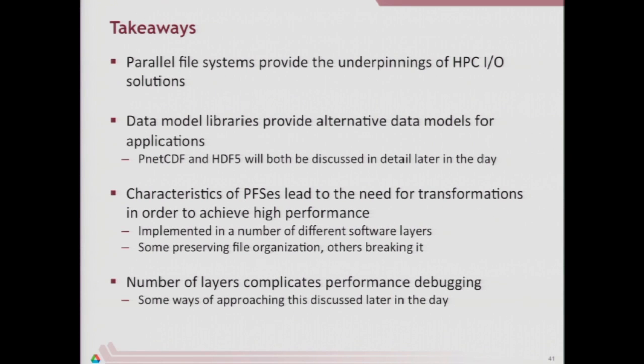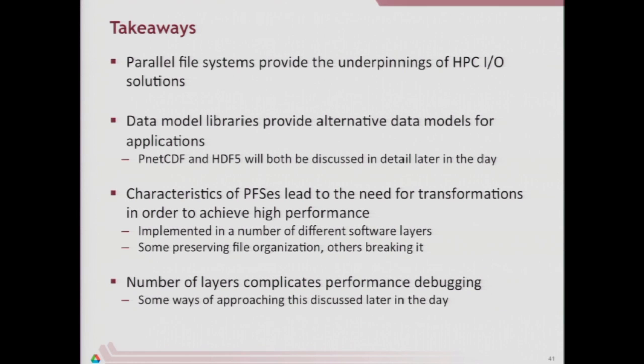So to wrap up this piece, parallel file systems are what we're going to be interacting with at the lowest level. Maybe not directly, but they're there. These data model libraries are at the top and are hopefully making life easier for us in terms of interacting with the storage system. And we need a set of transformations in order to move from those abstractions that are much more convenient for us into this file storage abstraction that we're stuck with for now, and still get performance.